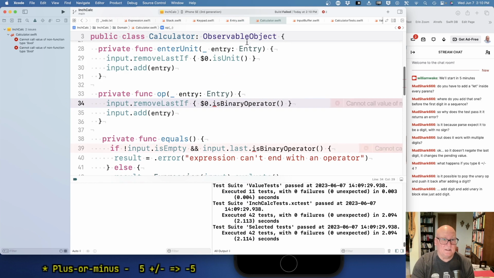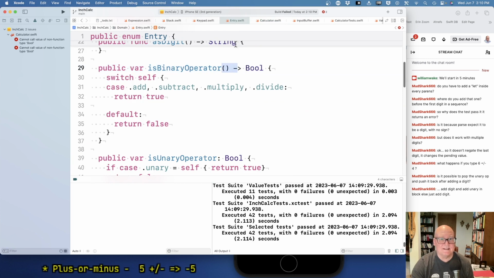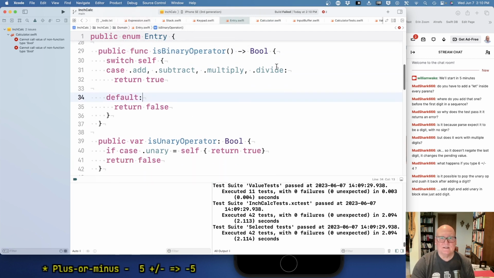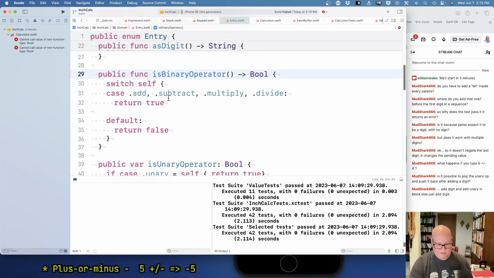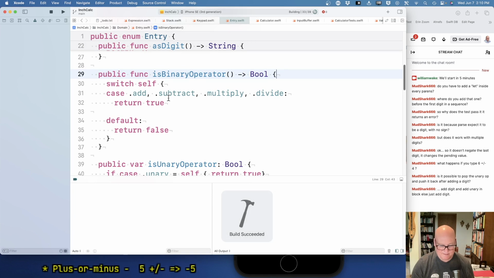Oh, I do need a function. Okay. Well, okay. Right, but I can still use this. Oh, it's easier with that, isn't it? Okay, we'll keep that for now. I don't know if I netted any change here.